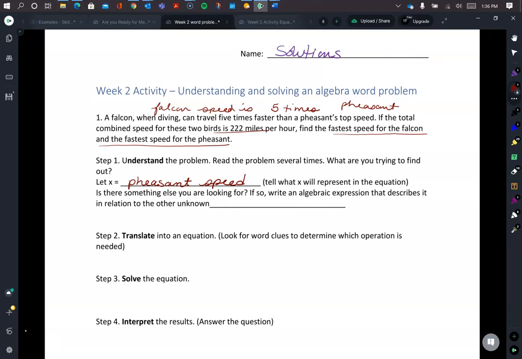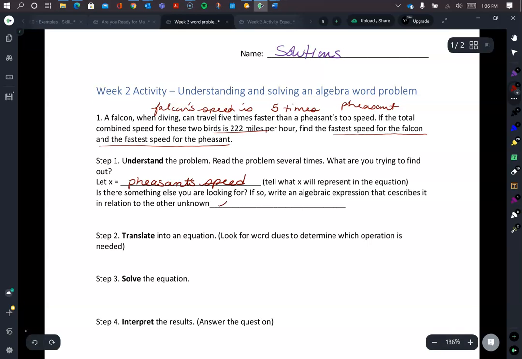Is there something else you need to know? What else are you looking for? And we could put that in terms of an expression. So we also need to find the falcon speed. Okay, so the falcon, or we could say falcon's speed, because we're talking about just one.